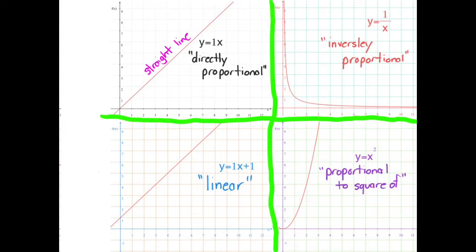And secondly, we have a y-intercept equal to 0. So where we have a straight line and a y-intercept equals 0, we're demonstrating a directly proportional relationship.